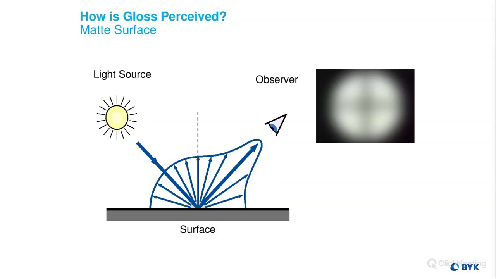If you think about reflection haze in this case, it's more at the specular angle. So how you would perceive gloss, you sometimes have an effect where it's slightly hazier instead of a very clear reflected image. Think of a mirror versus a reflected image where you can make out the shape, but it's not as clear. It's more fuzzy. That's where you get that reflection haze. So we have some instruments that can measure that as well.